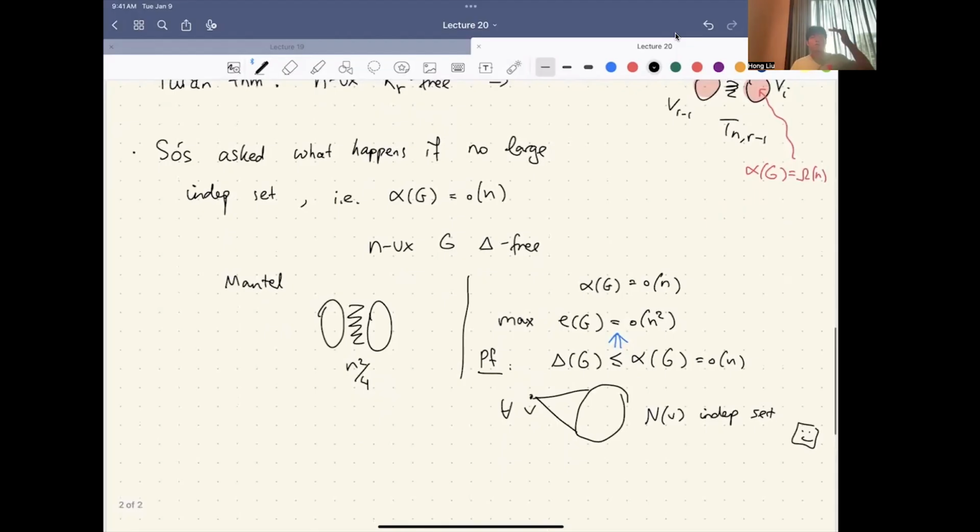So we see already a huge improvement. The maximum drops from n squared over 4 to little o of n squared. Edge density drops from 1/2 to 0.